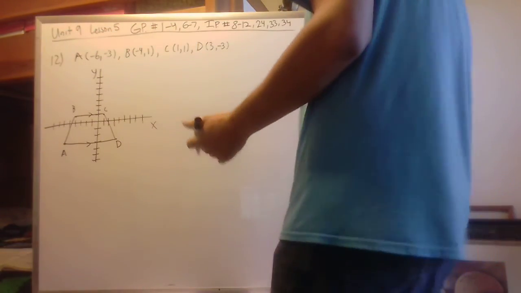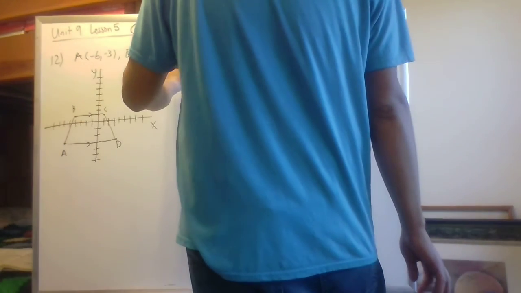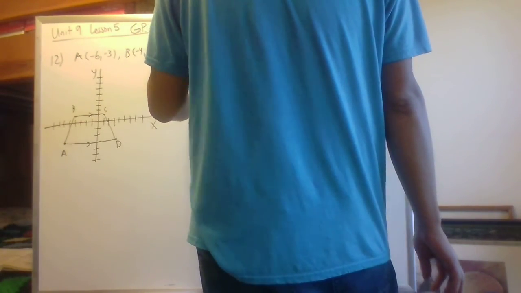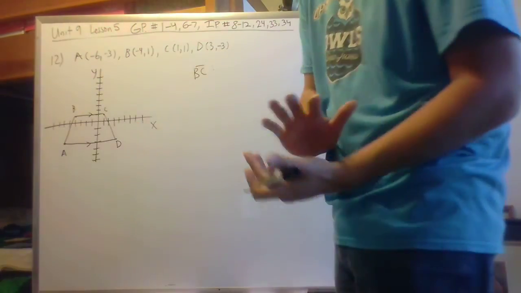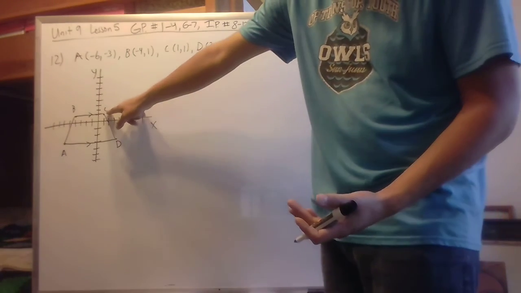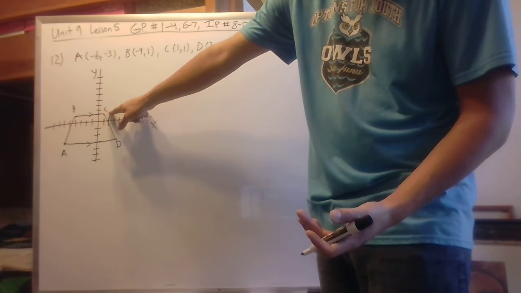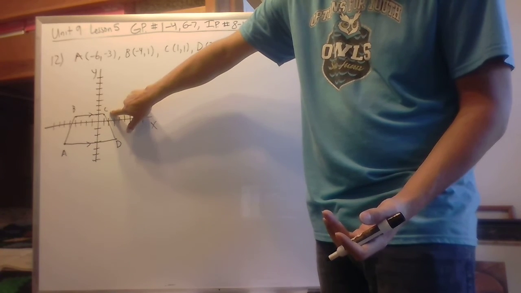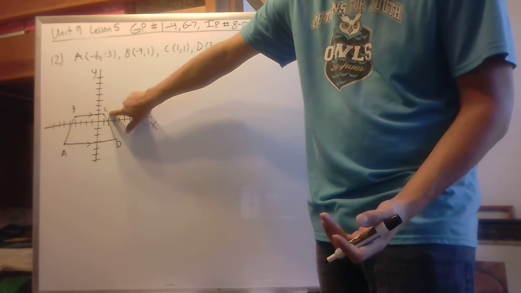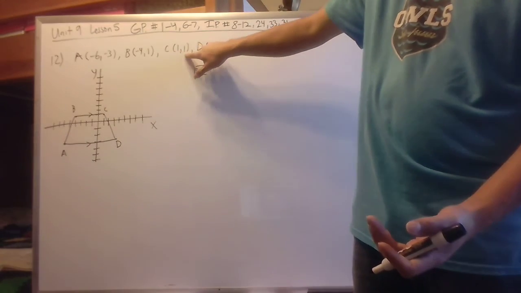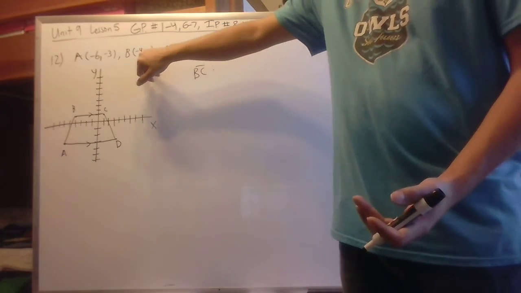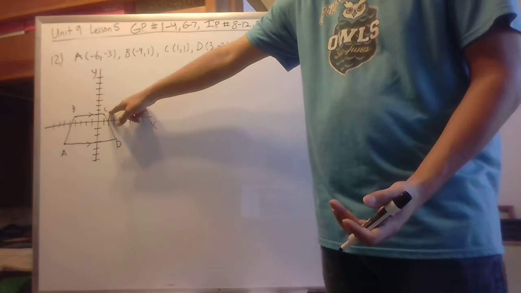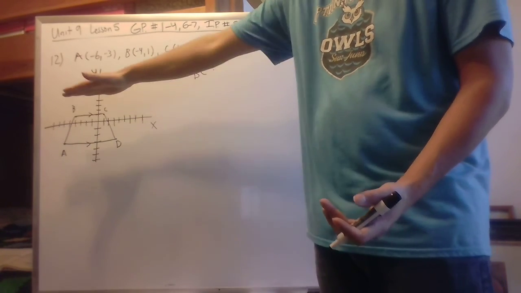However, I know the book wants you to find their actual slopes using the slope formula, but an easy way to double check your work is if the y value for both B and C is at the same y value, so notice how it's at 1, so C is at 1, 1, and B is at -4, 1, we know that they're going to have a slope of 0 because it's a horizontal line.